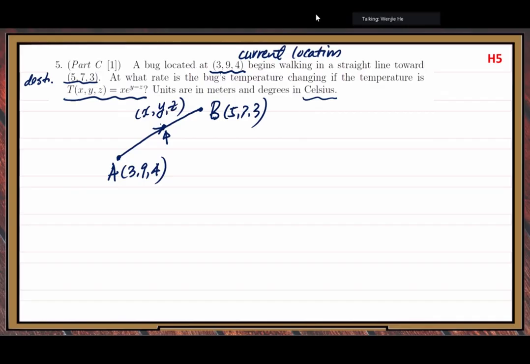Now we need to write parametric equations for this point.